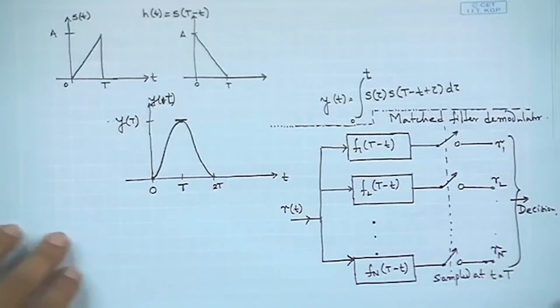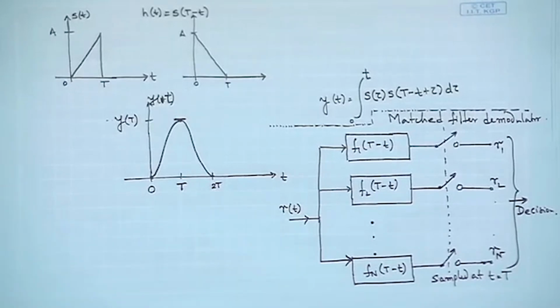So, what we have seen is, in case of AWGN, where the channel has a gain of 1 and the received signal is correlated against its basis function, you get the components of the received signal.